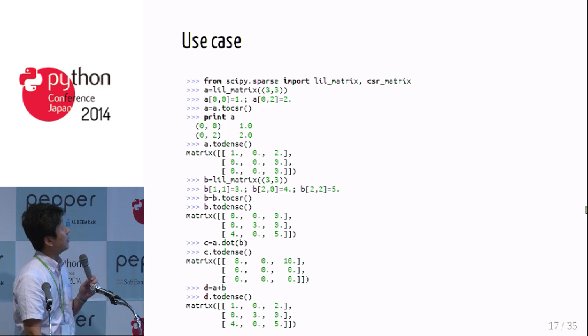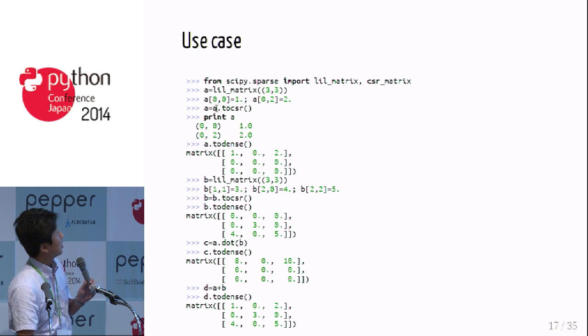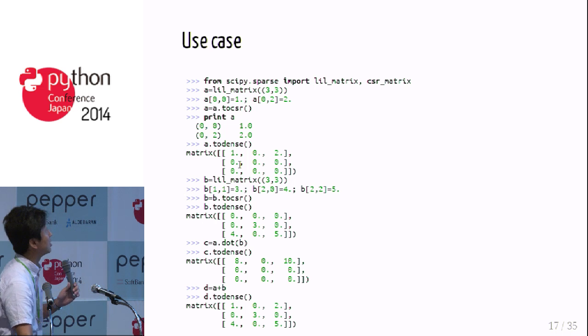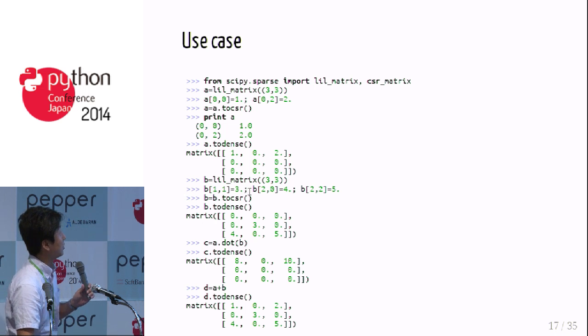First, you prepare LIL matrix as A, then assign data for non-zero elements. Here, I just set 2 elements. After that, convert it to CSR matrix. If you say print A, it only shows the non-zero elements. But if you convert to a dense matrix, it can be shown as a usual matrix. And here, setting B similarly.